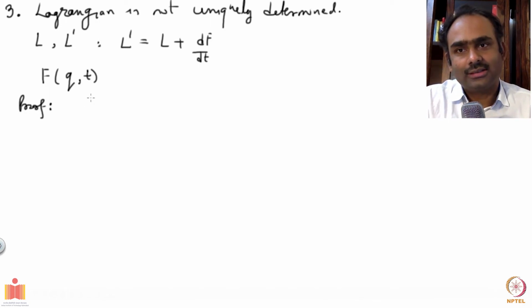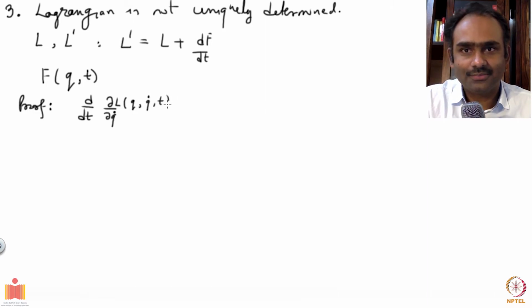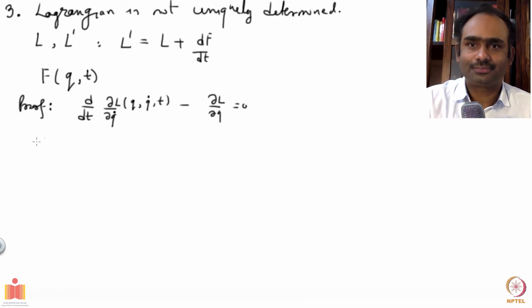So let's look at this. d over dt, let's say I start with L, del L over del q dot. As I said, I am looking at only one degree of freedom now, q dot and t, minus del L over del q equal to 0.